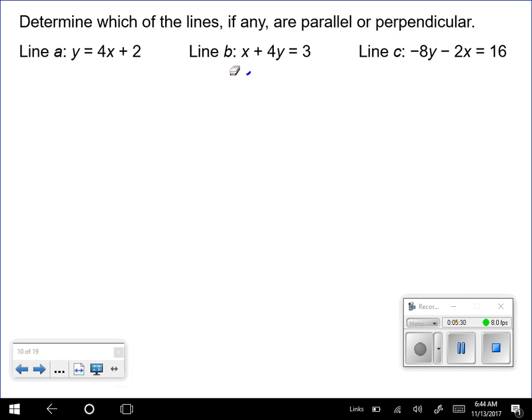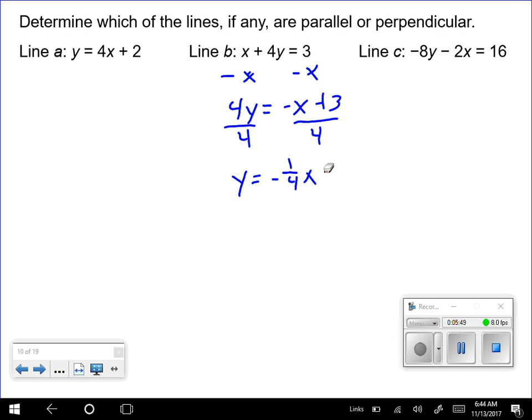I'm going to subtract x because I'm working to get y alone. Then I'll divide by 4. So y is by itself. If I break this apart, it's going to be negative 1/4 x, and this is going to be positive 3/4. Same thing over here.